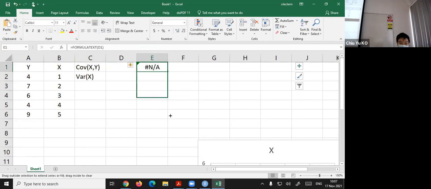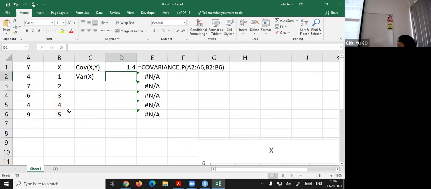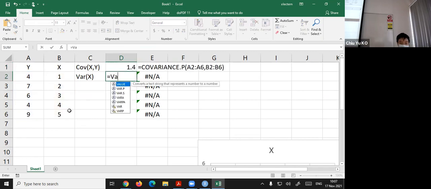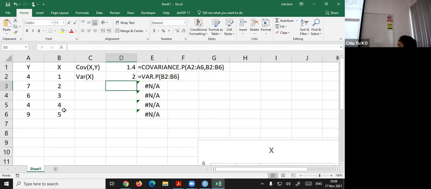The covariance, I just use the population version because that would be easier. That doesn't really matter anyway. So 1.4, and we do the variance p, the population variance. So this is the variance and covariance.